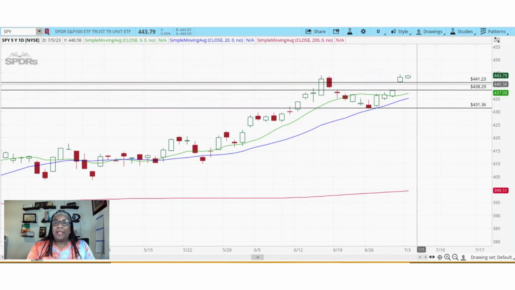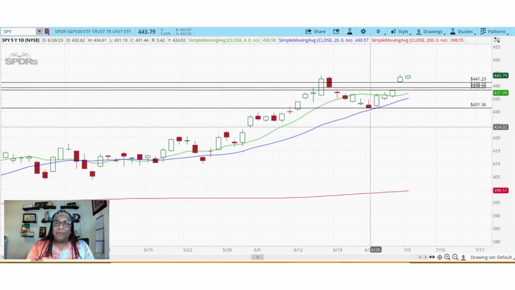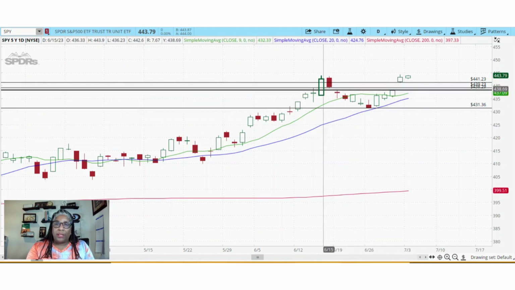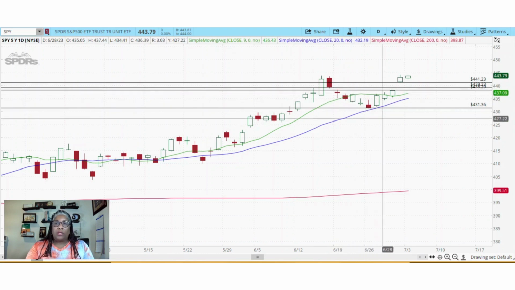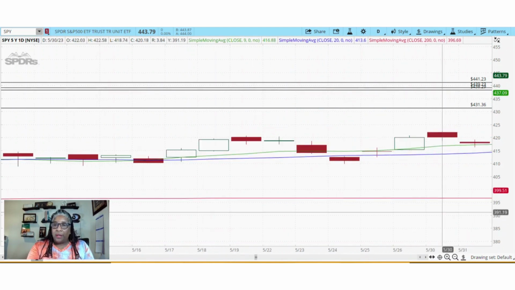Maybe not. This gap actually has widened from a gap that was back here on 616. There was a gap between 616 and 620 that was also a gap. You see it filled a little bit. This gap here, let me make it a little bit bigger so everybody can see what I'm talking about.